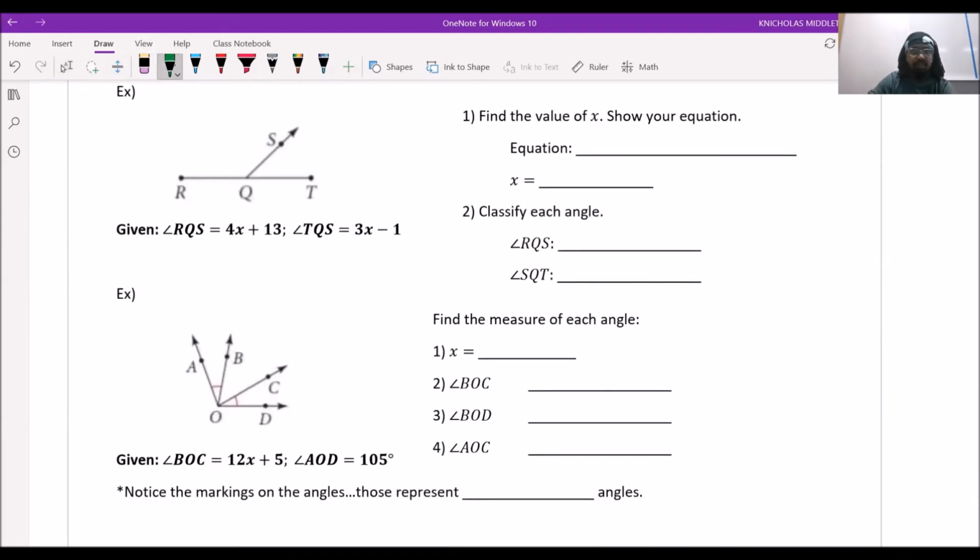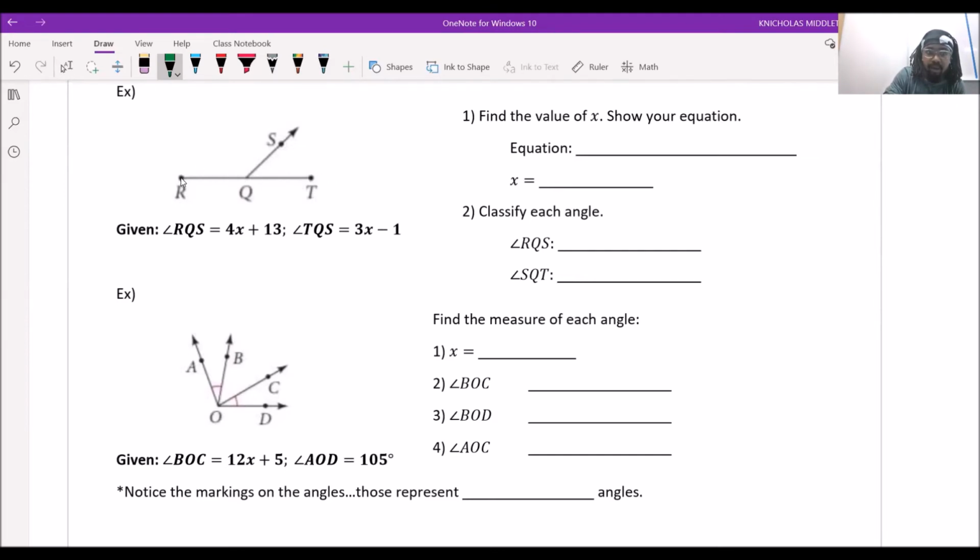Next problem asks us to find the value of X. It might look from the onset like they don't give us enough information, but they kind of do, based off of us knowing that this is a line. It's a straight angle, so this should be 180 degrees.